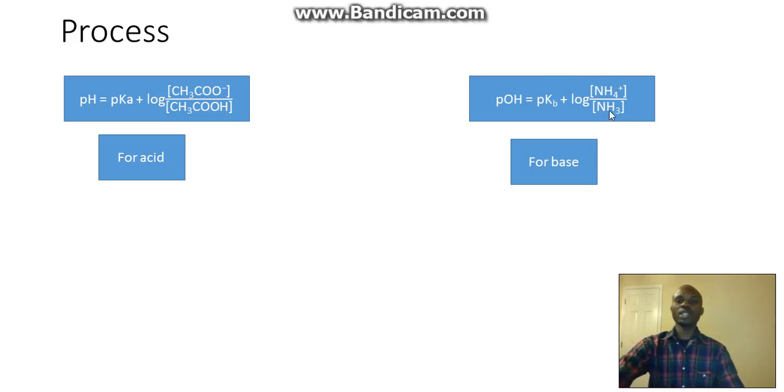What it means is, if we know the base and its conjugate acid, we can calculate the pOH, and then we can calculate the pH of the base. That's what I'll deal with as we continue.